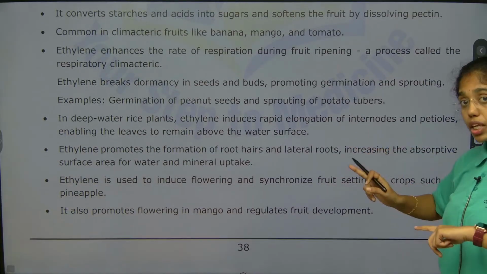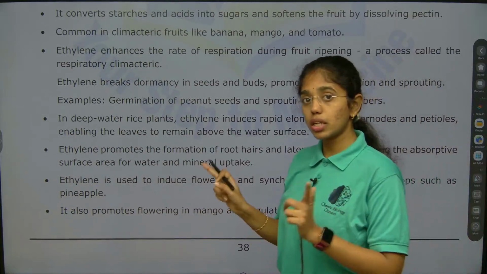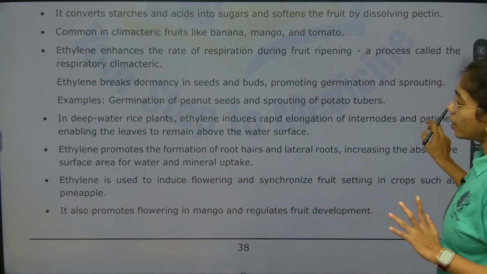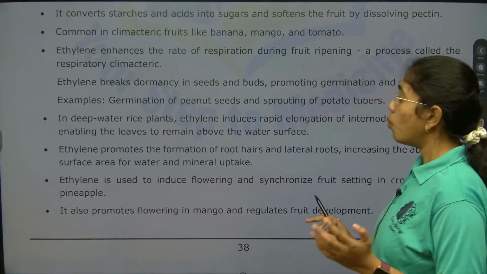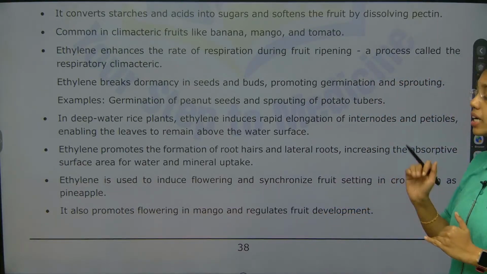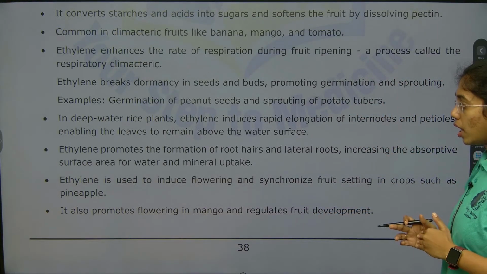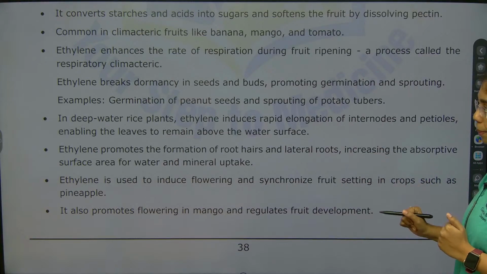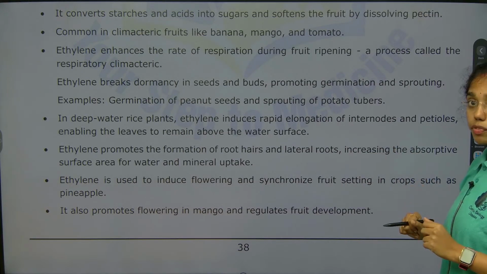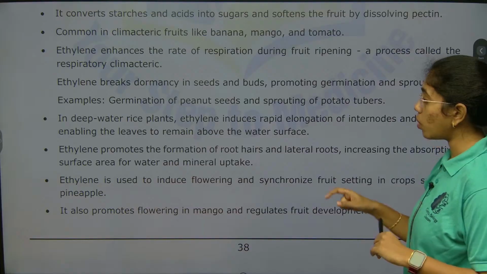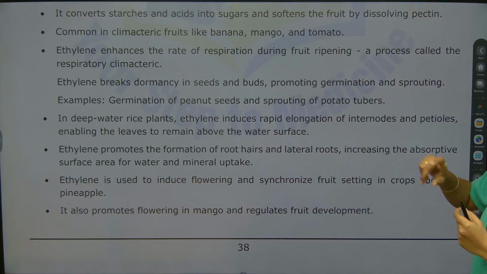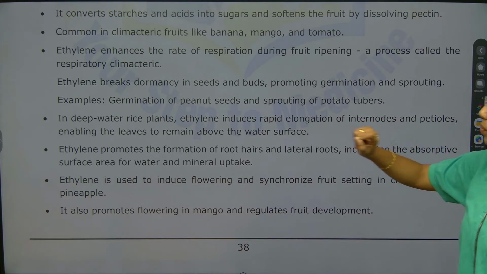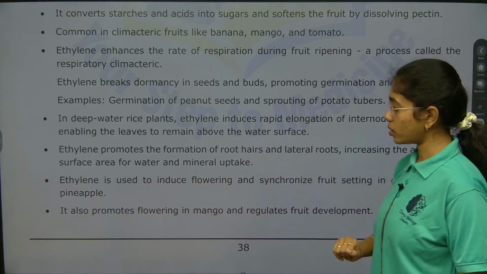For seed germination after gibberellins, it is ethylene which is helpful, and it will also promote growth of root hairs and lateral roots. Most importantly, it will increase the absorptive surface area to increase the mineral uptake. In rice plants, it will increase the internodal elongation, and the petiole length also will be increased, which will enable the leaves to rise above the water surface.